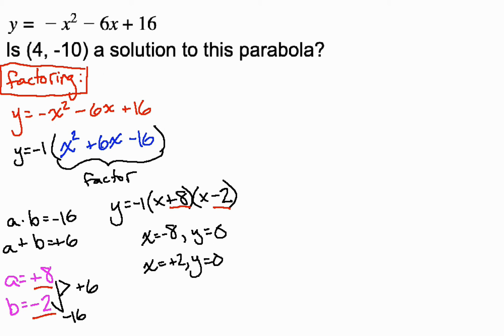But that's not actually what I want to try to figure out. I want to figure out if I plug in x equals 4, will I get y equals negative 10? So what I'm going to do is plug this in to my equation.